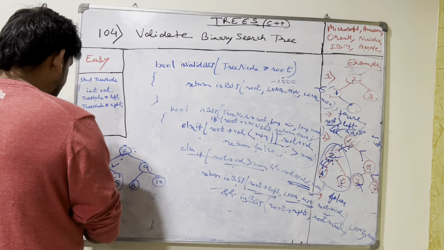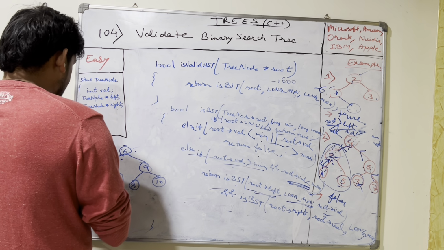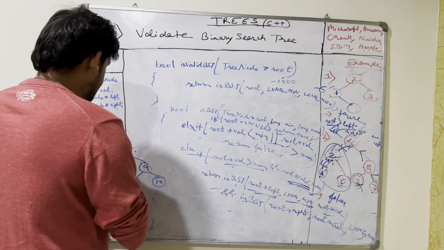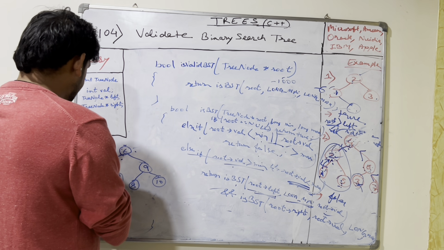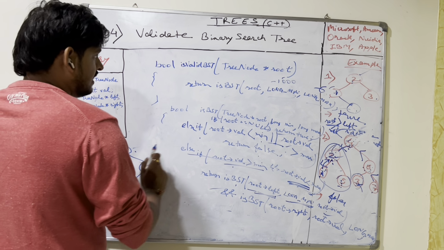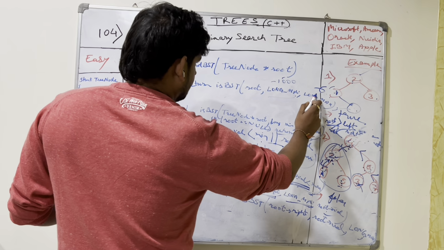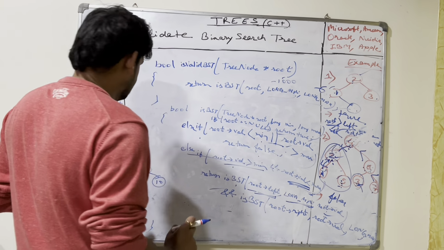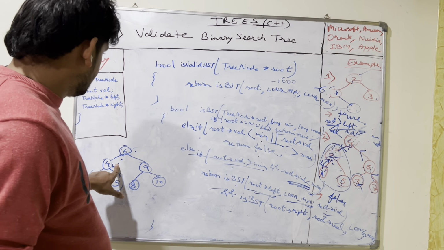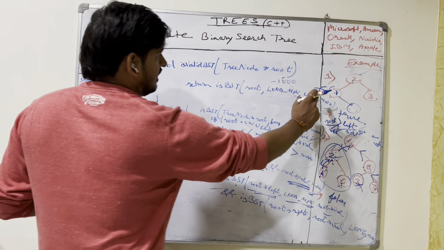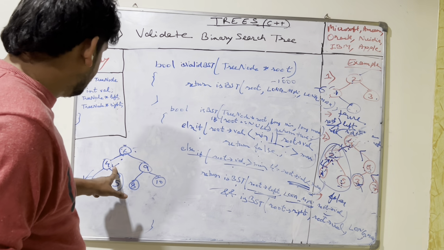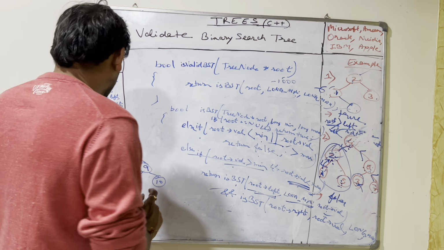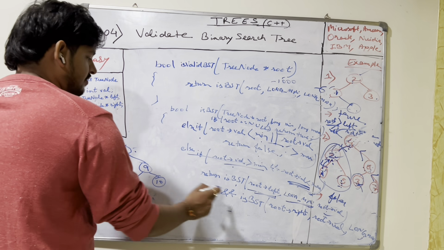So root left will go, this 3 will go. For 4 we check, okay, 4 is less than 6. We have crossed here, we have gone here. So our property is valid, and it is not lesser than minus 1000. So here it works.